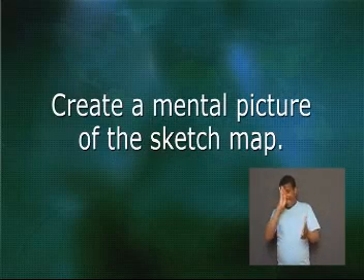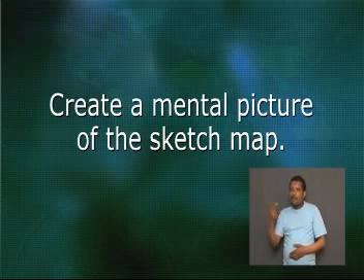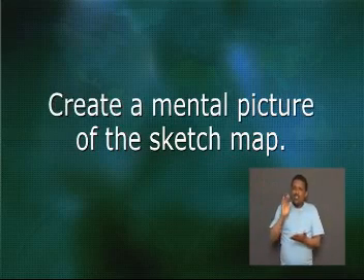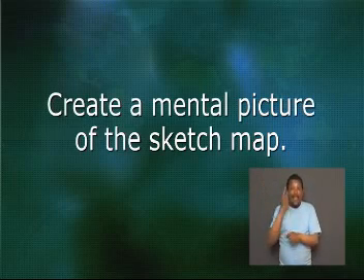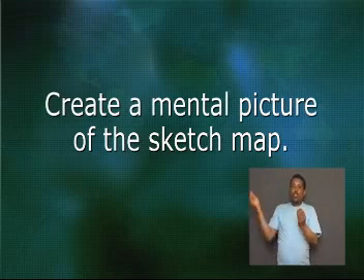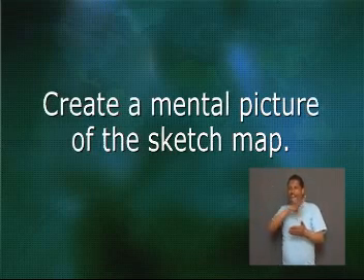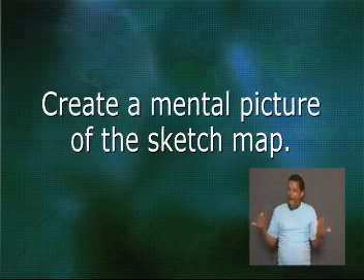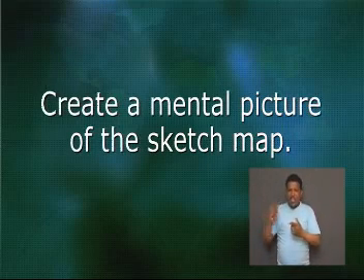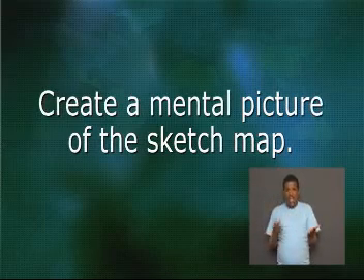Create a mental picture of the sketch map that you will make. Remember the features that you want to include in your sketch, and think about how to draw them in proportion to the map as a whole and to other features.